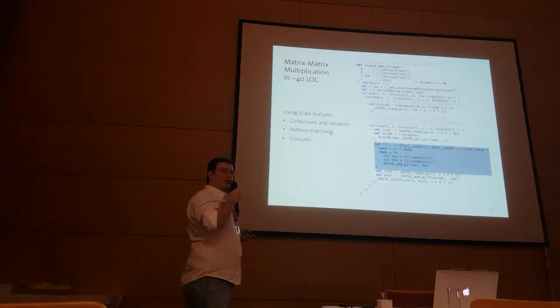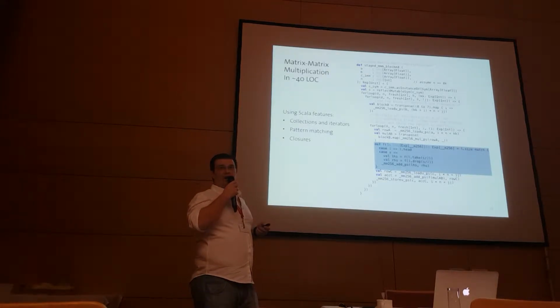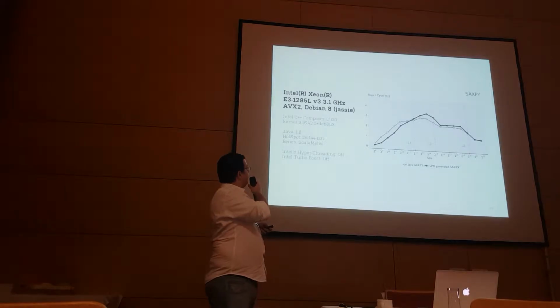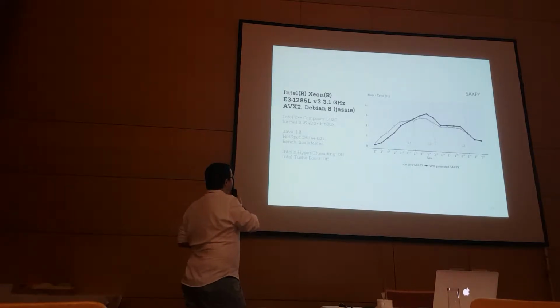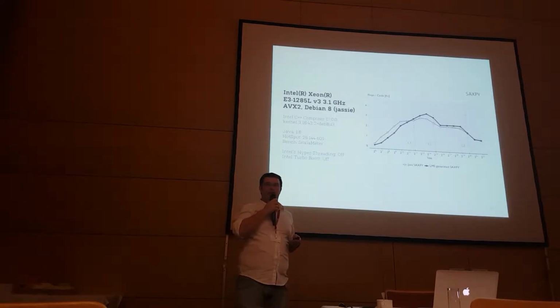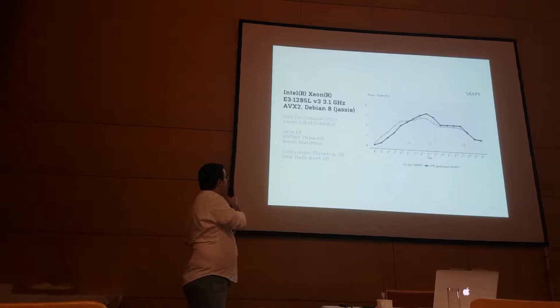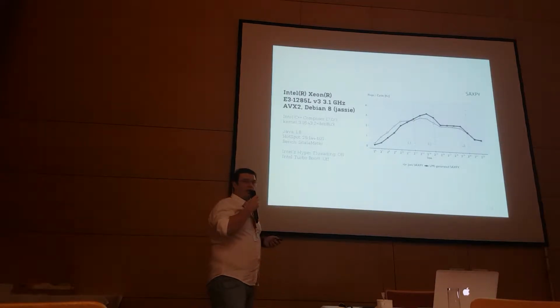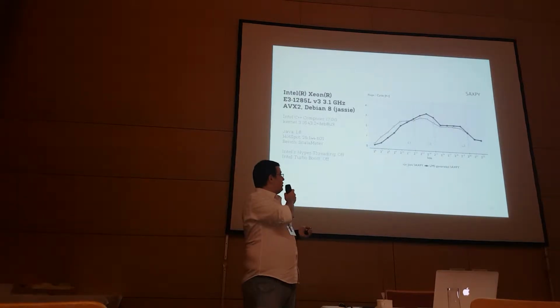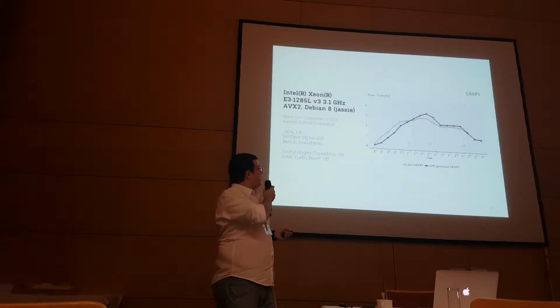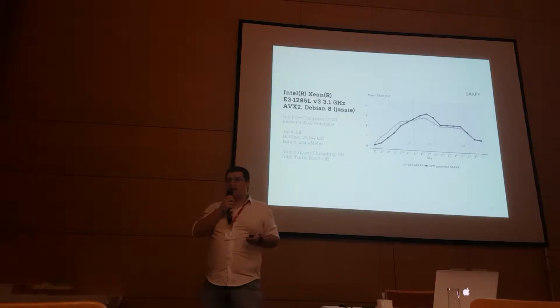The question that comes is how good we are with our approach. So let's look at our first example, the SAXPY function, and it will look like this. We performed our test on an Intel Xeon machine, which is Haswell enabled. We use an Intel C++ compiler, we focus on Java 1.8, and we use ScalaMeter to actually test our performance. What you see on the x-axis is the size of the vector, and on the y-axis we have the performance measured in flops per cycle.